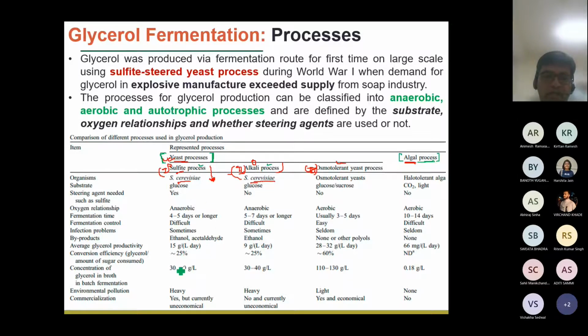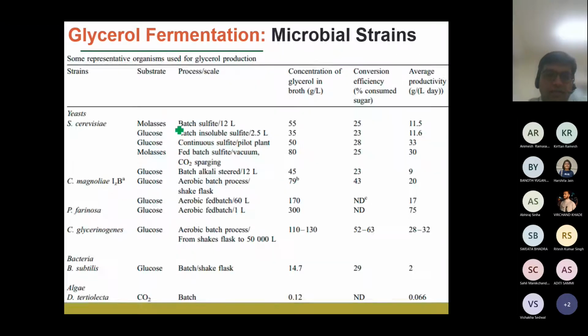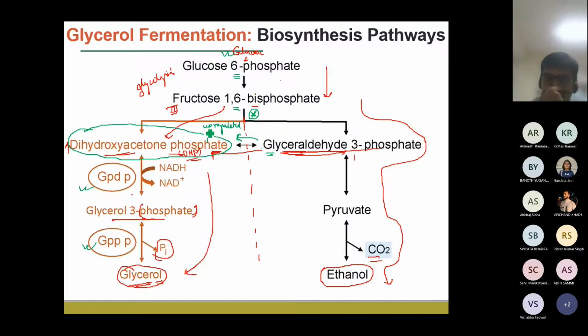From that understanding, we can then design the fermentation process, because each and every process has its own particular characteristics and properties. So if we look at, for example, the first method, in this particular biosynthesis pathway you can see that these two steps, the production of glycerol and the production of ethanol, are competing with each other.